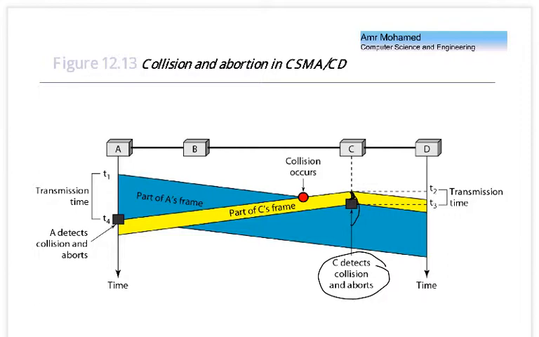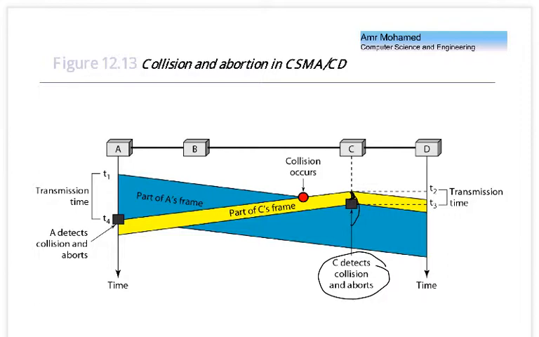But in order for C to realize that it actually happened, there was some time difference. It realized that the collision happened after it finished the transmission of the frame. So as far as C is concerned, everything was fine. Because A transmitted at T1, right?